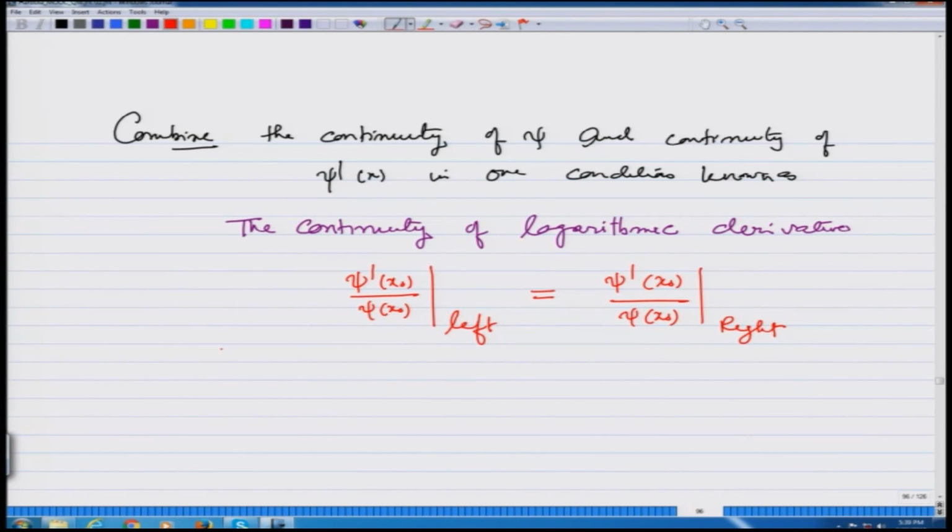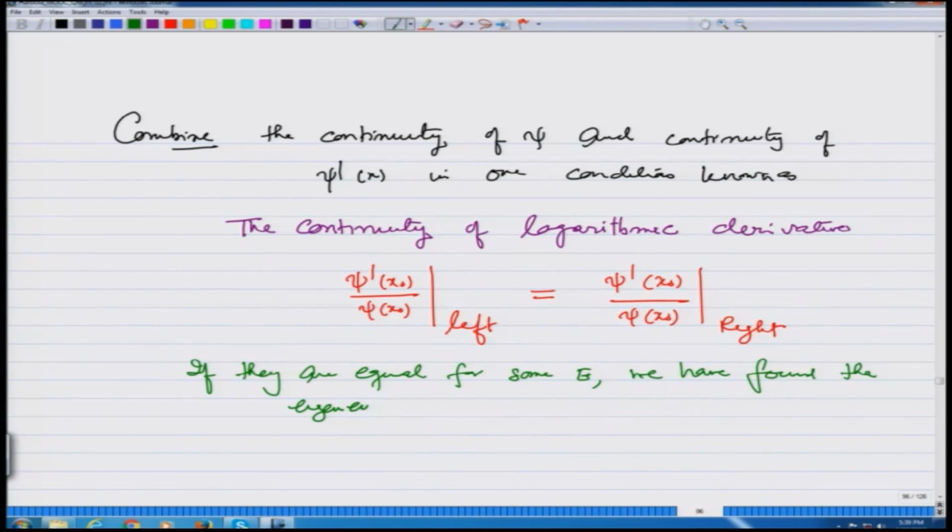If they are equal for some E, we have found the eigenenergy E. If not, we again go to some other energy and check.